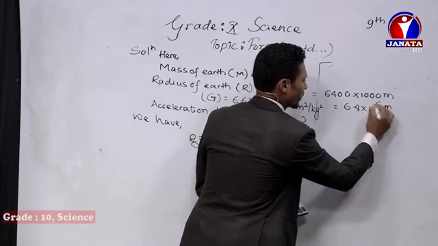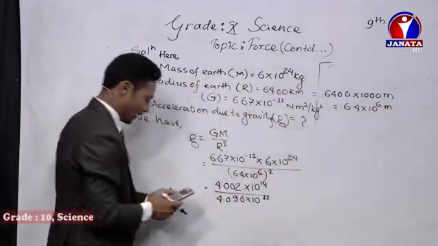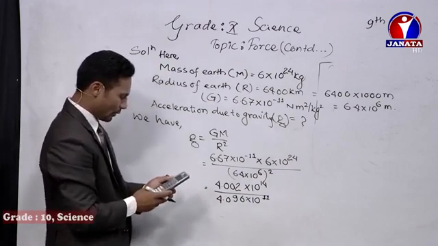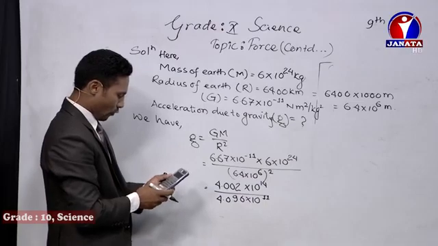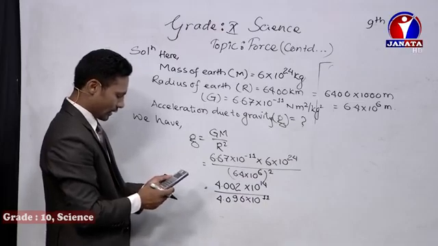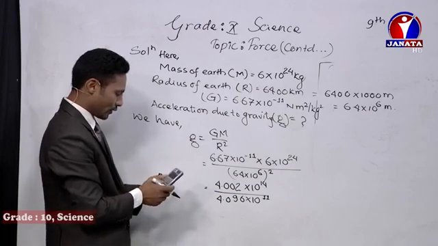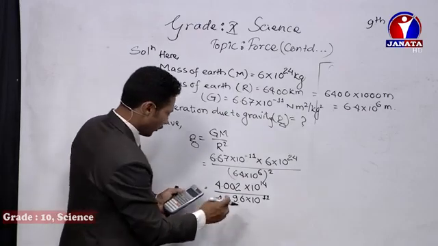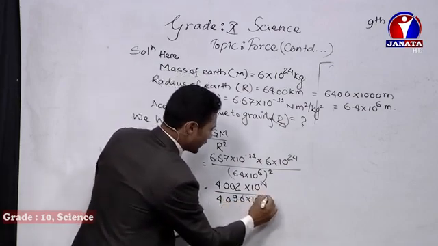Okay, so this should be 6. Now let me correct this: 6.4 into 10 to the power 6 to the square gives 4.096 into 10 to the power 13.